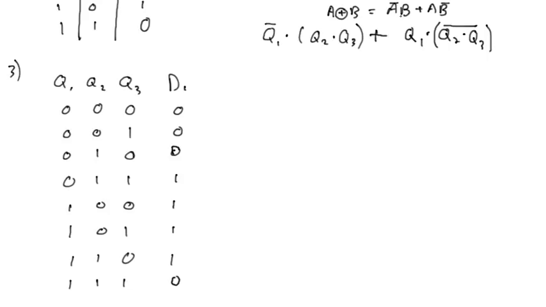So the only way this is a 1 is if they're different, and the only way this is a 1 is if they're different. Again, this is only a 1 if A is a 0 and B is a 1, and this is only a 1 if A is a 1 and B is a 0. So one of them is a 1 if they're different, and we're taking the OR between them.